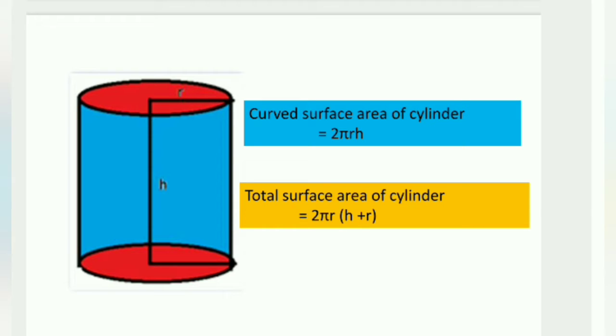The breadth becomes the circumference of the circle and the length becomes the height of the cylinder. So instead of length into breadth, we write circumference into height. The circumference is 2 pi r and the height is h. That is how we got the curved surface area of a cylinder as 2 pi r h.